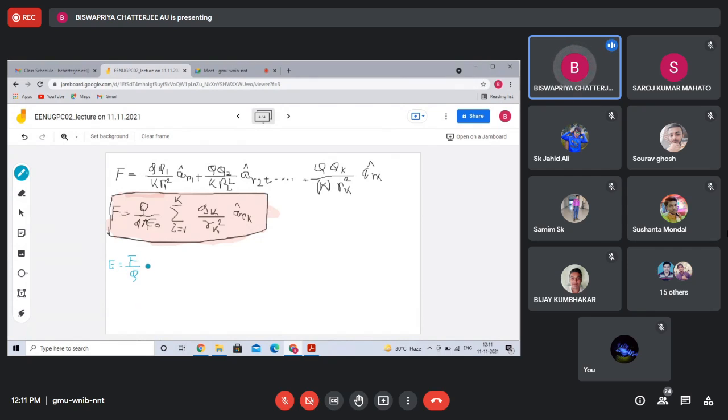So it will be equal to 1 upon 4 pi epsilon naught multiplied with the summation from i equals 1 to k of Qk over rk square.